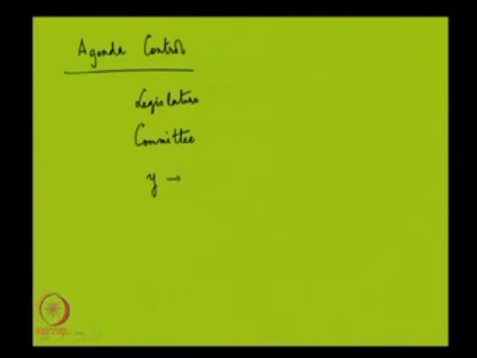So, suppose Y is the proposal by the committee. This is the first stage where it is as if player 1 is making a move and making an offer to player 2.